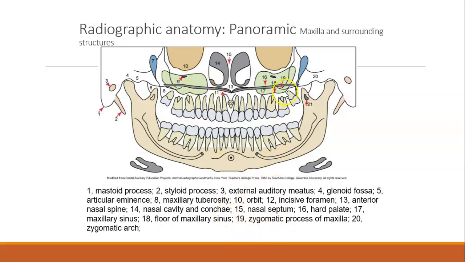Zygomatic process is 19. That's right here, a thin radiopaque area that should be above the coronoid process and the condyle, unless the patient is not positioned correctly. And then the zygomatic arch is thicker bone. So we have the process, and then we have the arch.